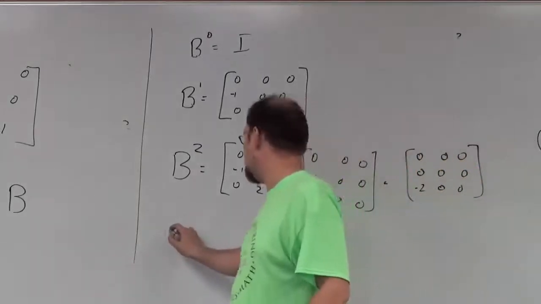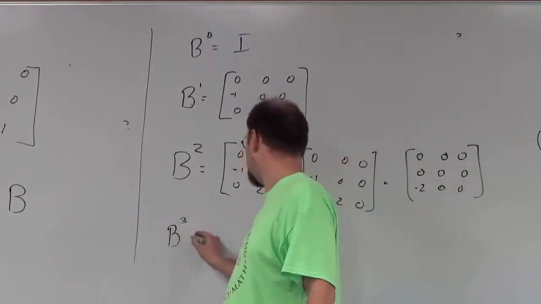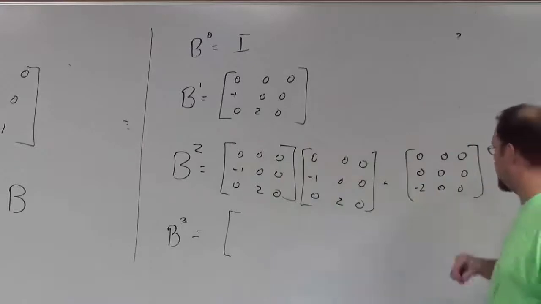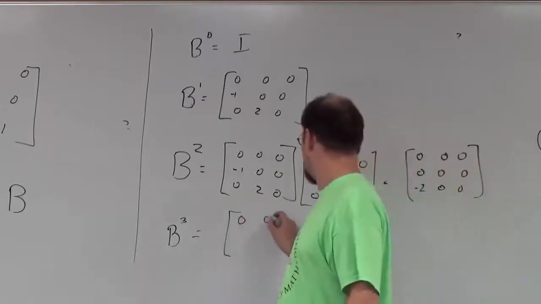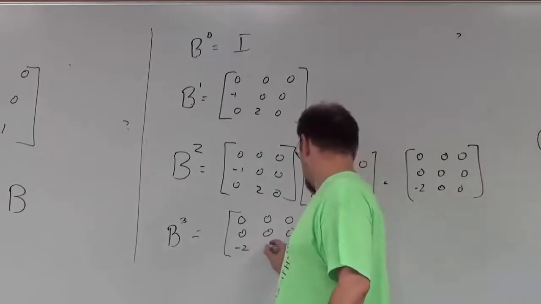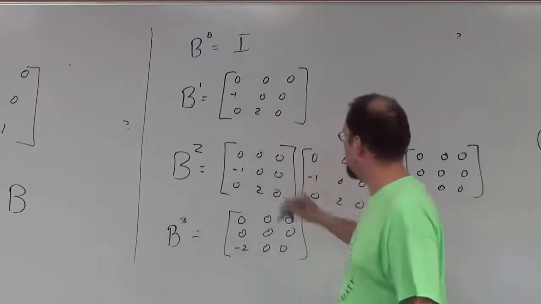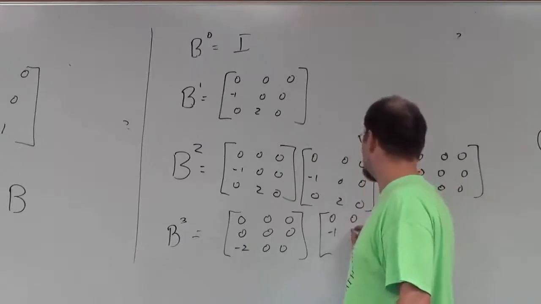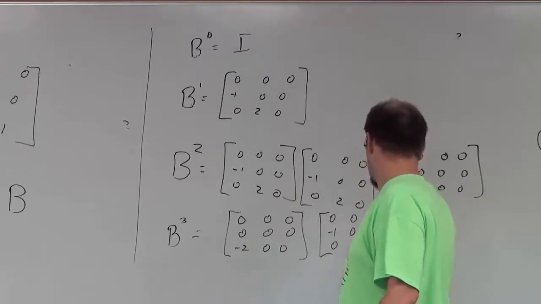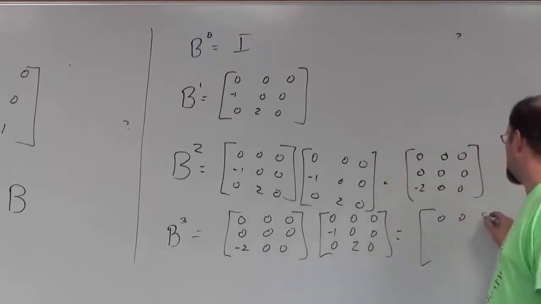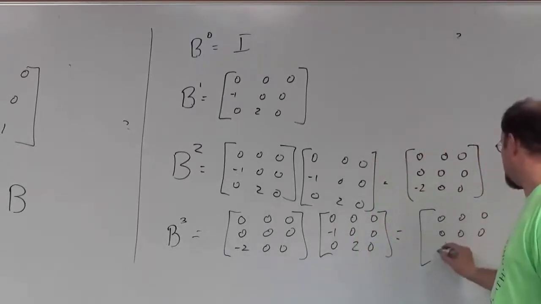But let's do B cubed next. So B cubed is B squared times B. So I'll write down B squared. And then we write B. And we get the zero matrix if you multiply this up.